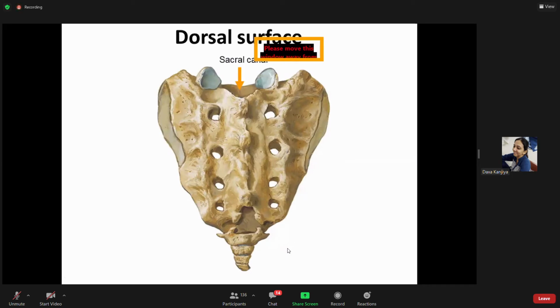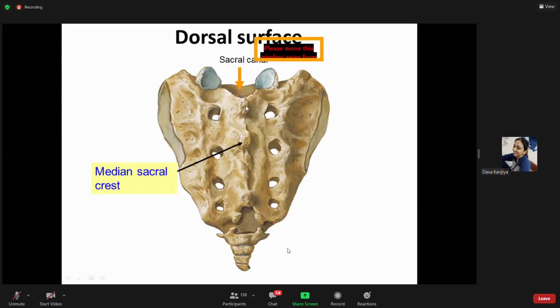Now the features of the dorsal surface. The dorsal surface is irregular and convex. In the midline, if you see, there is one crest which divides the dorsal surface into 2 halves. This is called the median sacral crest.